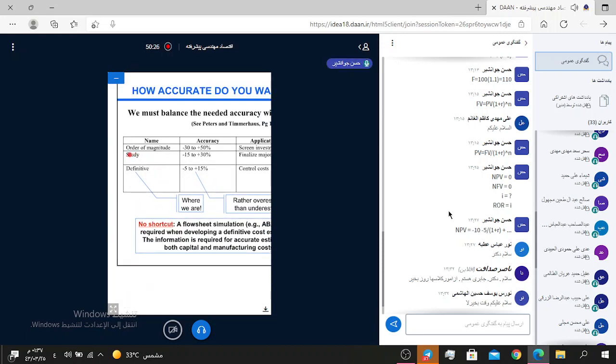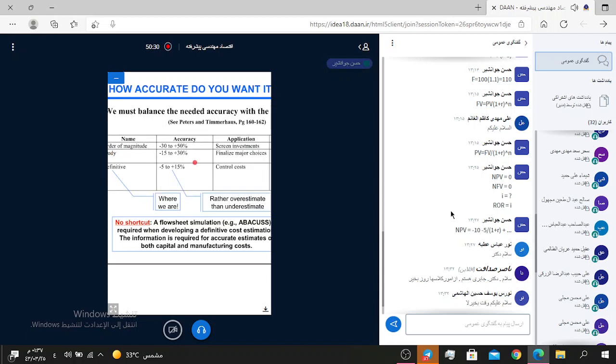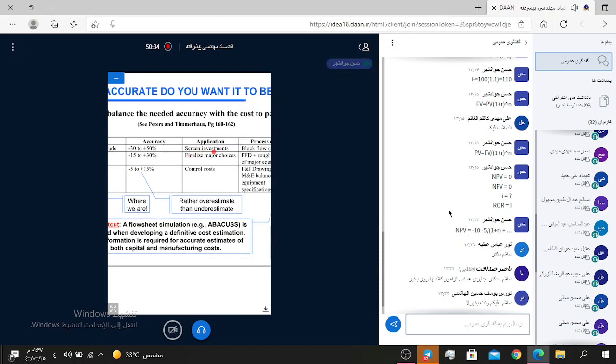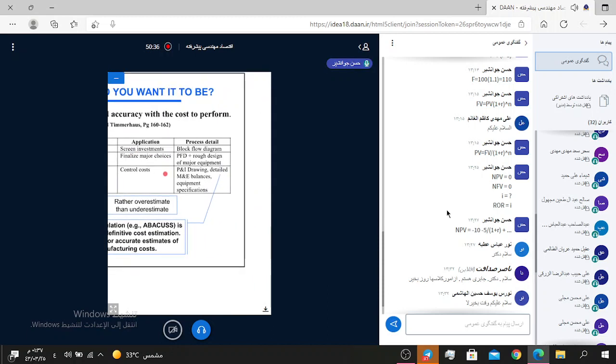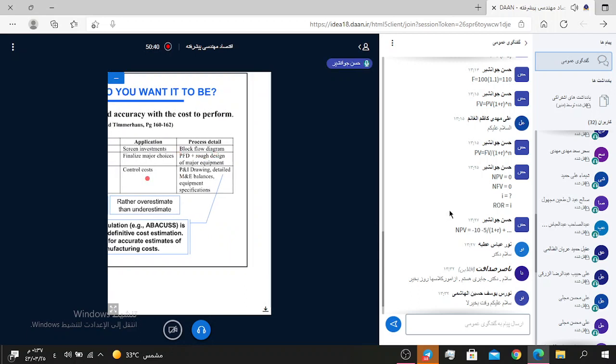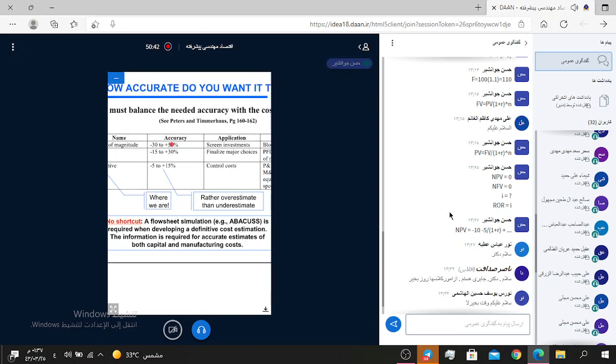For example, for order of magnitude estimates, application is screening investment, process detail is block flow diagram, and accuracy is minus 30 to plus 50%.